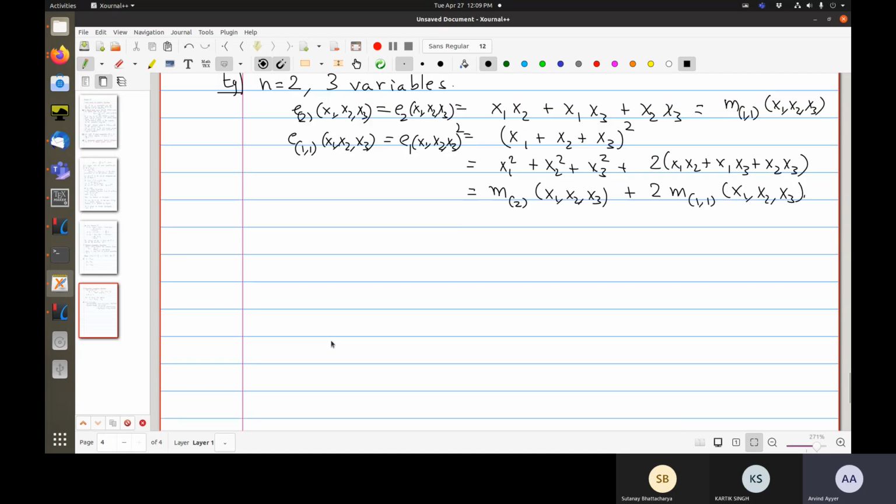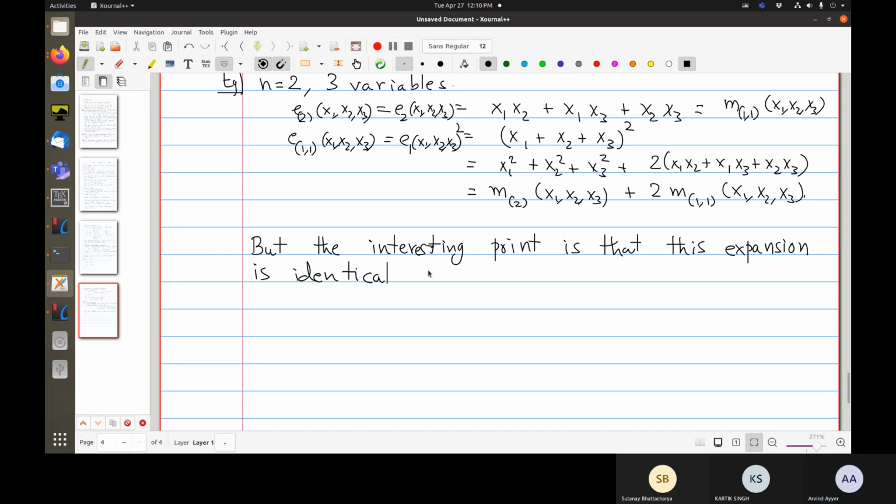But the interesting thing, and this is what makes it so useful to work with infinitely many variables, the interesting point is that this expansion is identical in arbitrarily many variables.